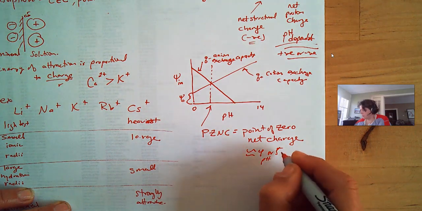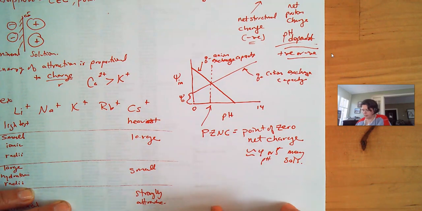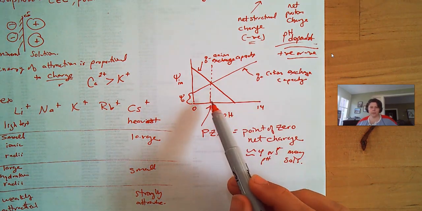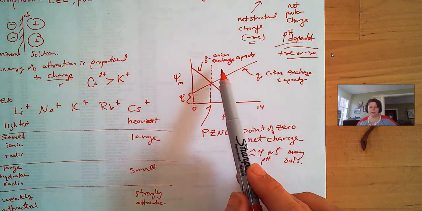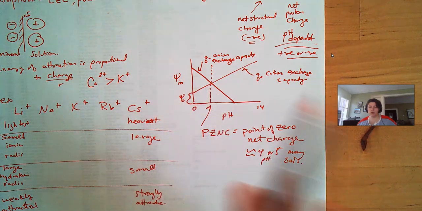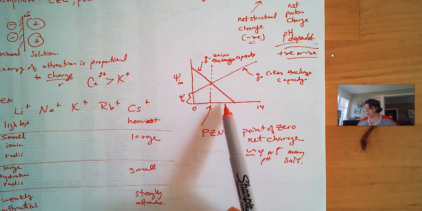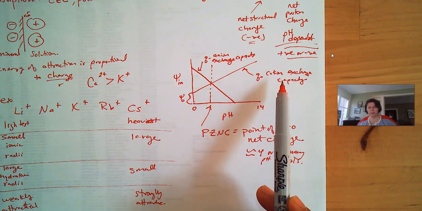At this point, our cation exchange capacity and our anion exchange capacity both equal 0, and so there's no charge whatsoever. If we go above this point, which is our normal neutral pHs in our systems, we have cation exchange capacity.